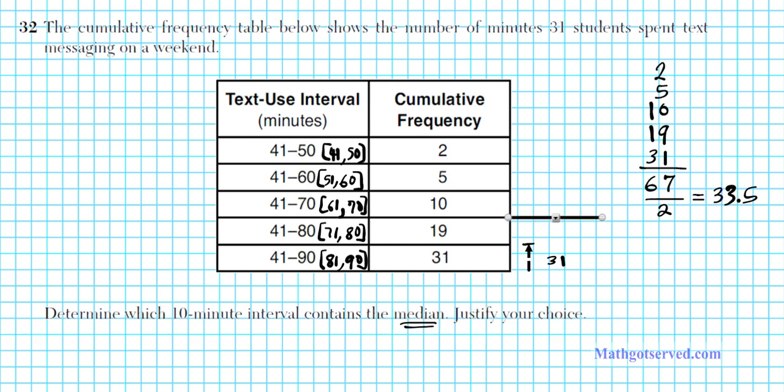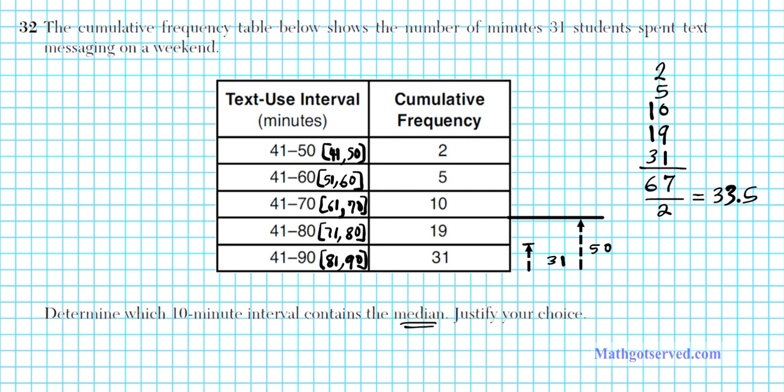If we go from down here all the way to here, how many minutes is that going to be? Is it going to include our median? That's the question. Okay, so from here to here, that's going to be 19 plus 31. 19 plus 31 is what? 50, right? That is way bigger than 33.5. So we already exceeded the median.